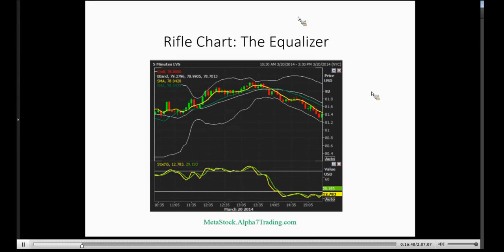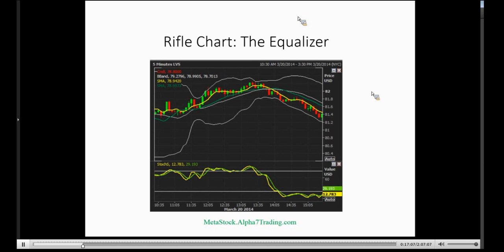The rifle chart is composed of very simple, almost household items when it comes to platforms. On the MetaStock platform, which is what I'll be going over the rifle charts on today, all the tools are right there. An abundance of tools, actually.